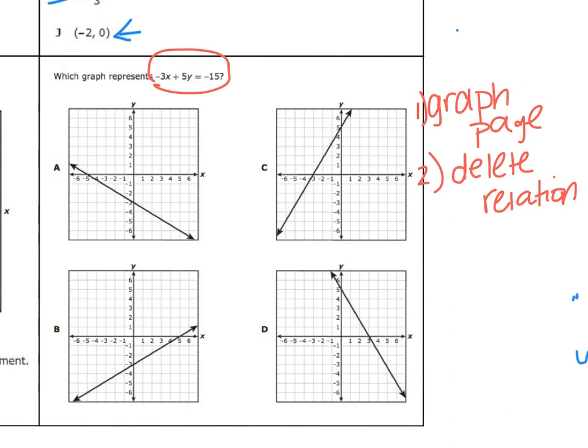From there, you're going to see which graph matches the graph that you got on your calculator. You also want to look for things like, is the graph going up or down? Where is your y-intercept? So take note of things like your y-intercept, your x-intercept, and how the slope looks on the graph. Those are ways that you can match the graph correctly.